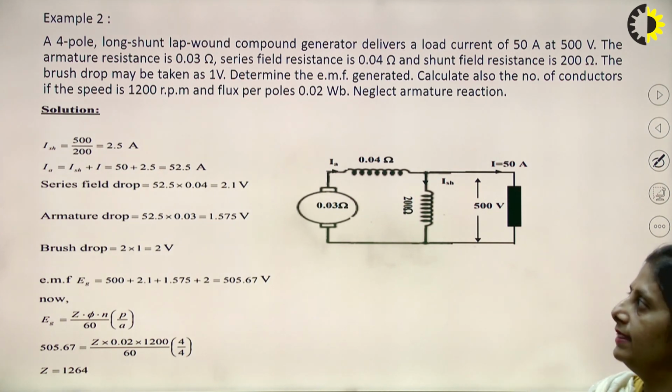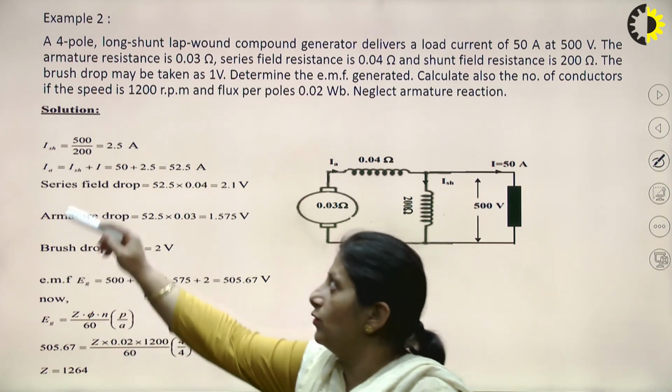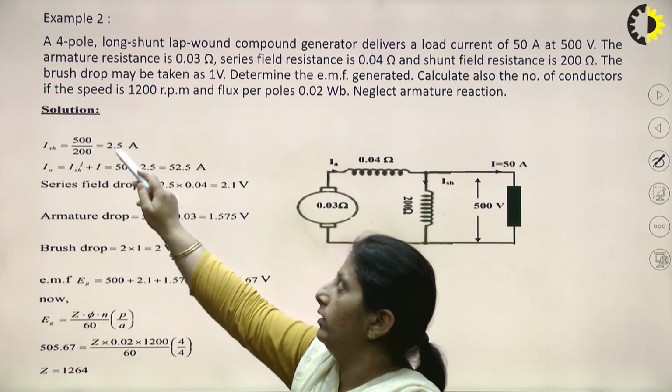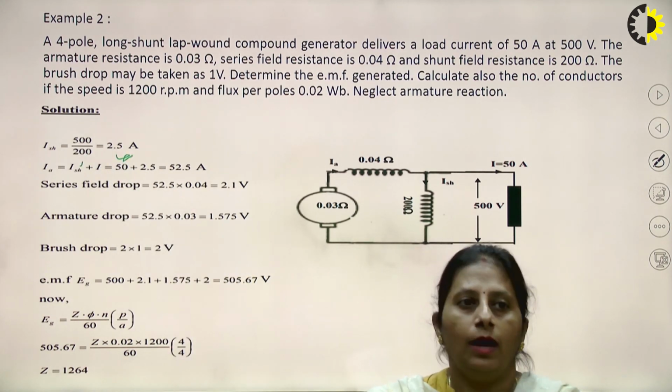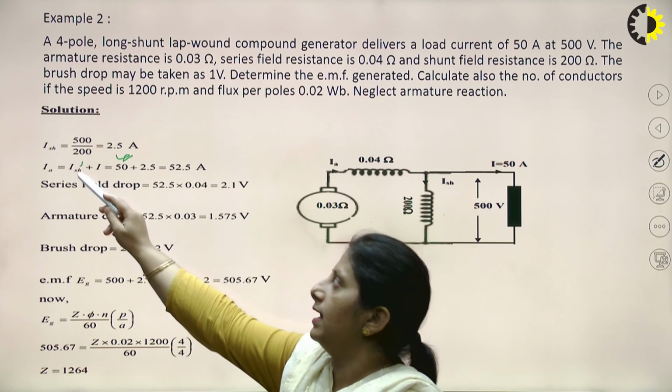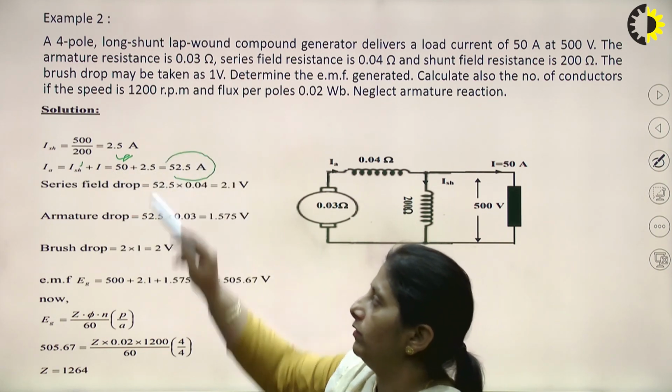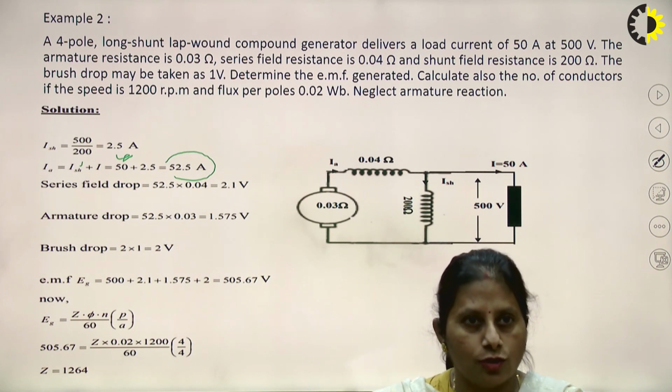Okay, so once again, the shunt field current can be given as V upon RSH. That is 500 upon 200, that is 2.5. Armature current is given by IL plus ISH, that is 50 plus 2.5, so that is 52.5. What will be the series field drop?